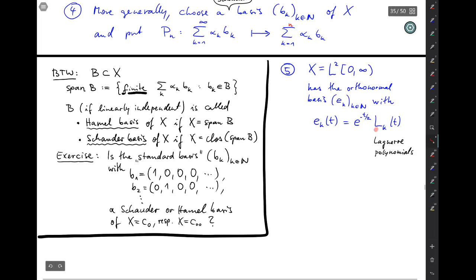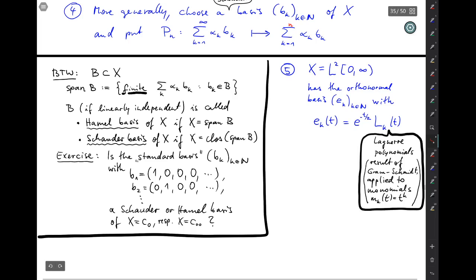And the Laguerre polynomials are polynomials in t, and they are orthogonal to each other, and they are exactly what you get when you apply Gram-Schmidt orthonormalization to the sequence of monomials in t. I'm sure you remember that exercise from your first year linear algebra course.